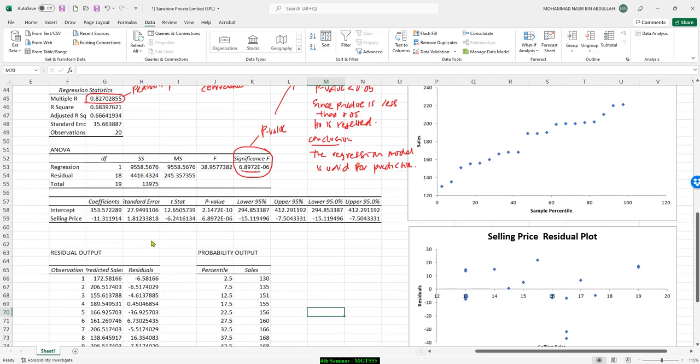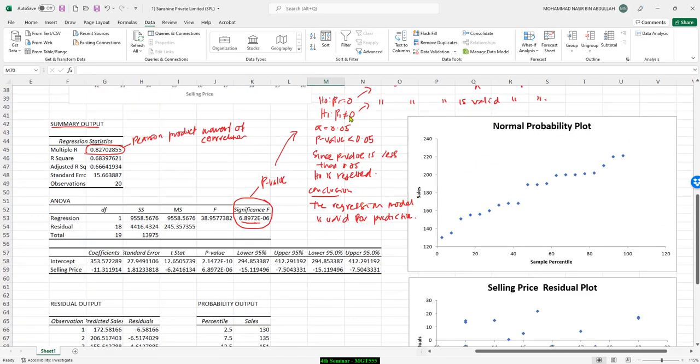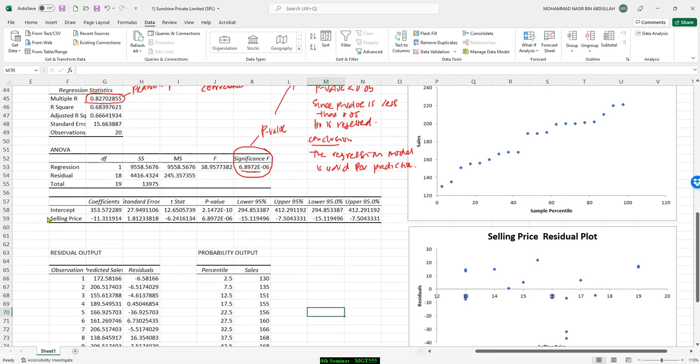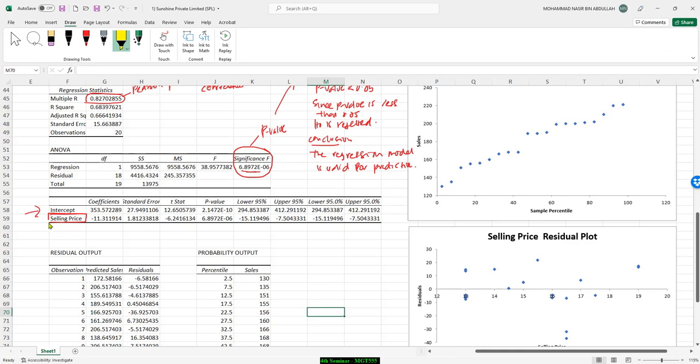So now, since the regression model is valid for prediction, kita akan tengok kepada the third table. The third table, dia akan bagi kita intercept and selling price. So we are focusing on selling price.